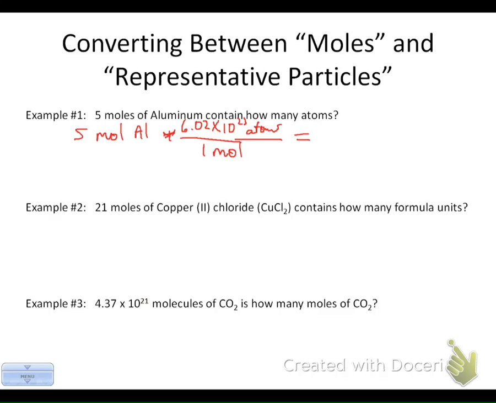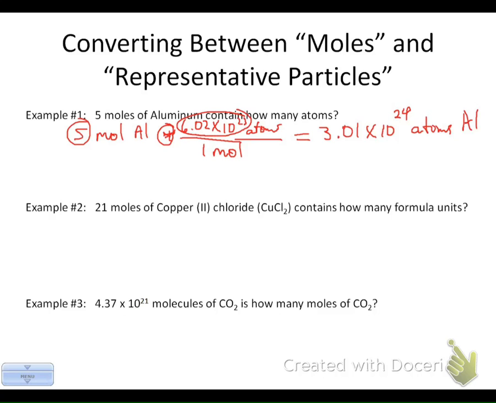So we do the math here, and we calculate that there will be 3.01 times 10 to the 24th atoms of aluminum. Now to do that, if you go back and look at what we've done, we started with 5. This is multiplied by Avogadro's number. So it looks kind of complicated, but it's as simple as saying 5 times Avogadro's number gives us the number of atoms, or how many things.